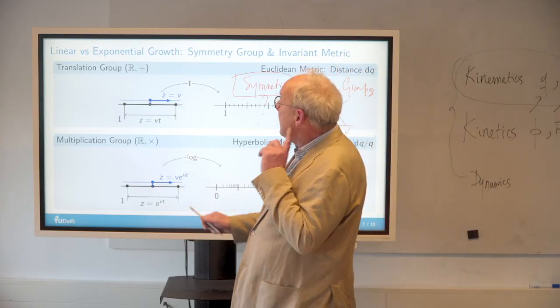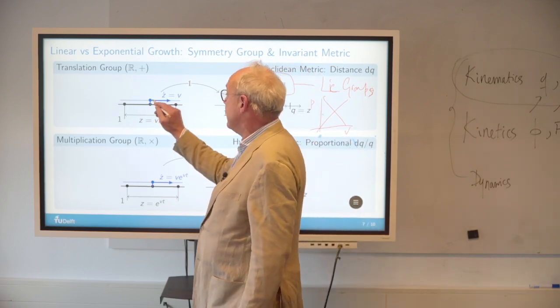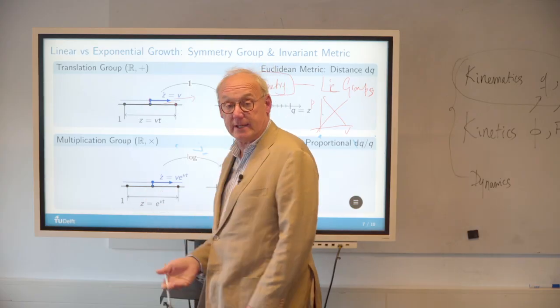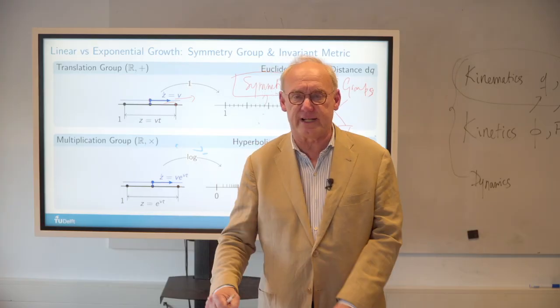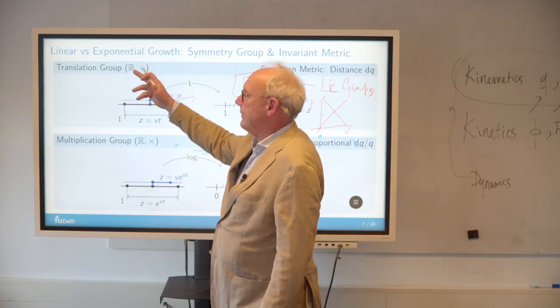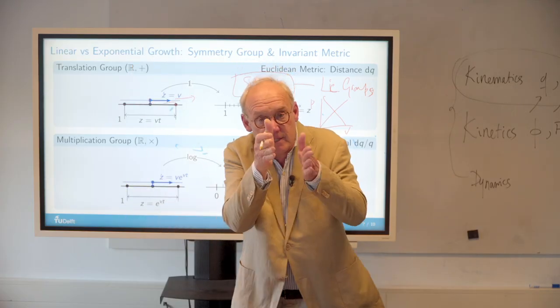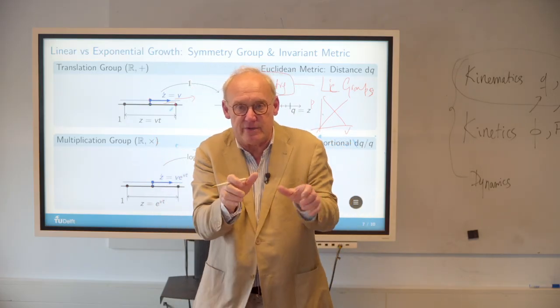So if I have here this one-dimensional manifold, I can say, if I have this symmetry, I can move this thing over here. It will be the same thing. So it's a symmetry group of translation. Now that group is called the translation group. I usually denote it like this, R and a plus, because the plus means you're adding. So a translation is you add this to that.